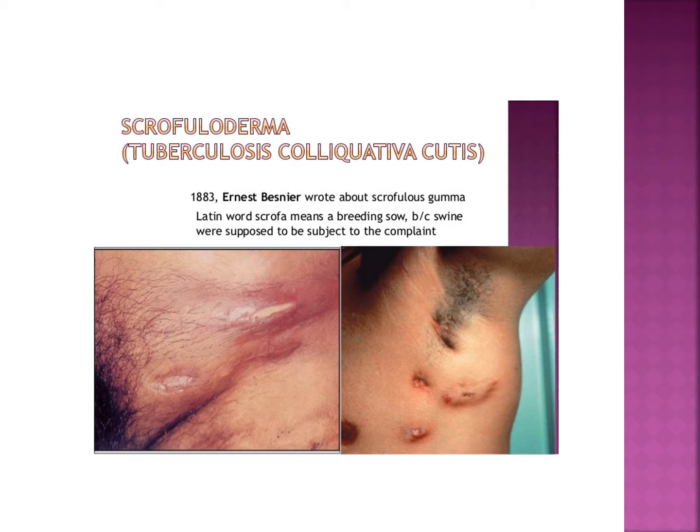So remember this because you come across these lesions with multiple sinuses of chronic duration. I've just tried to show in this picture the typical sites and typical form of scrofuloderma, which is a type of cutaneous tuberculosis, and this is a secondary type of cutaneous tuberculosis.